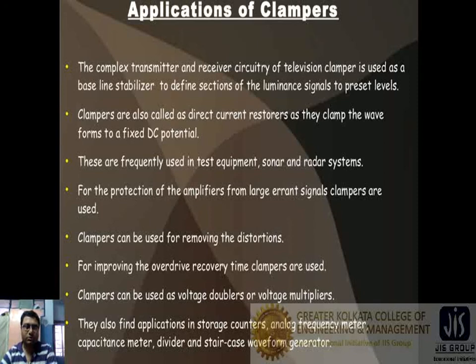Clampers are also called direct current restorers as they clamp the waveform to a fixed DC potential. So you can find out the applications of the clamper circuits. Clampers can be used for removing distortions and for improving the overdrive recovery time. Clampers can also be used as a voltage doubler or voltage multiplier. These are all the applications of the clamper circuit.